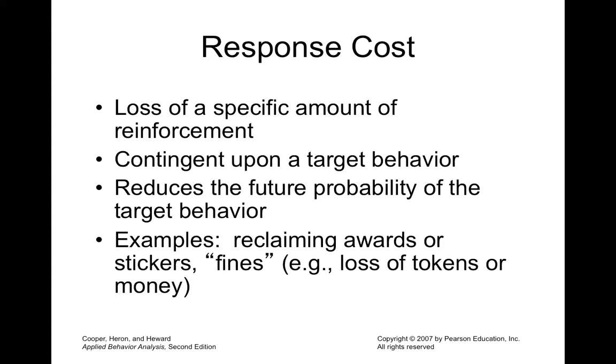So, if the future frequency of the punished behavior is reduced by the response-contingent withdrawal of a positive reinforcer, then response cost has occurred. Response cost usually involves the loss of reinforcers like money, tokens, stickers, or activity time, free time, such things. So, it's like a fine.